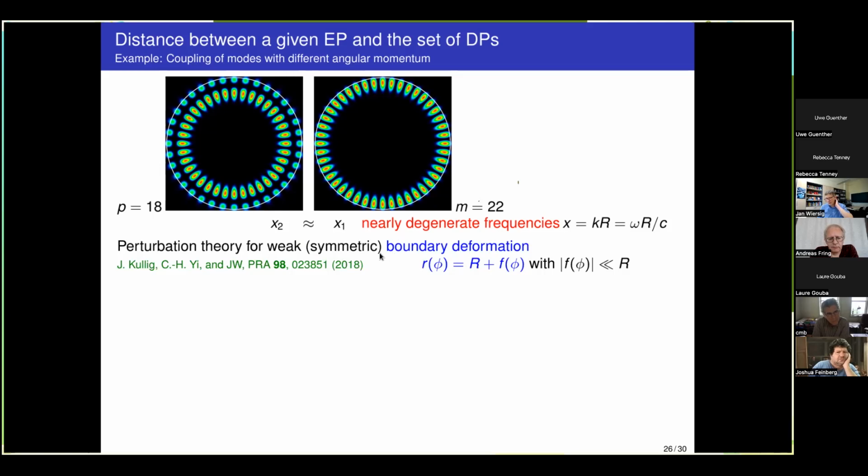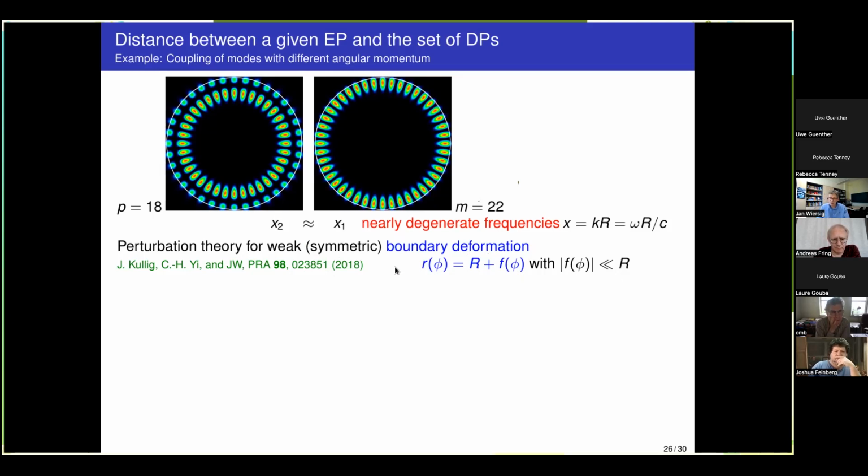Now, in this situation, when these frequencies are nearly degenerate, we can use a perturbation theory for weak boundary deformations. Weak boundary deformation means we take our disk with radius R and add a small boundary modulation, f of phi, where f is small.